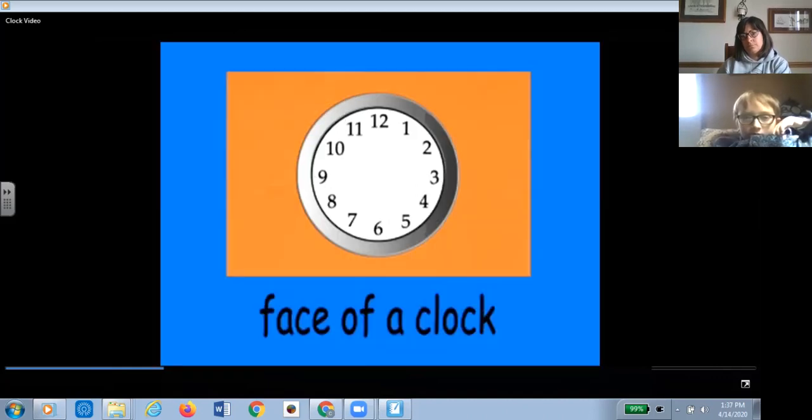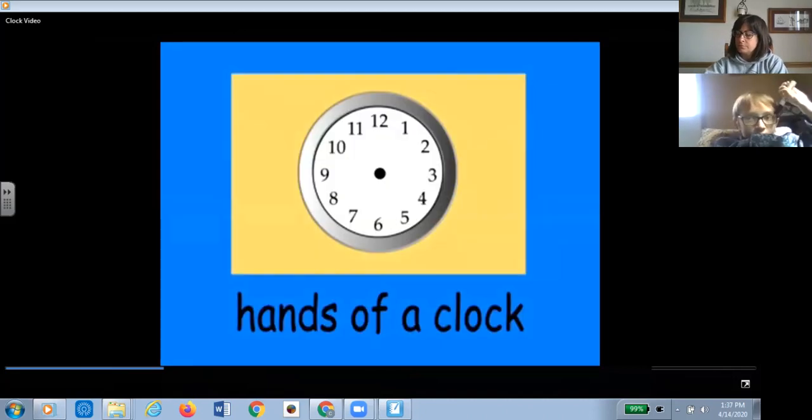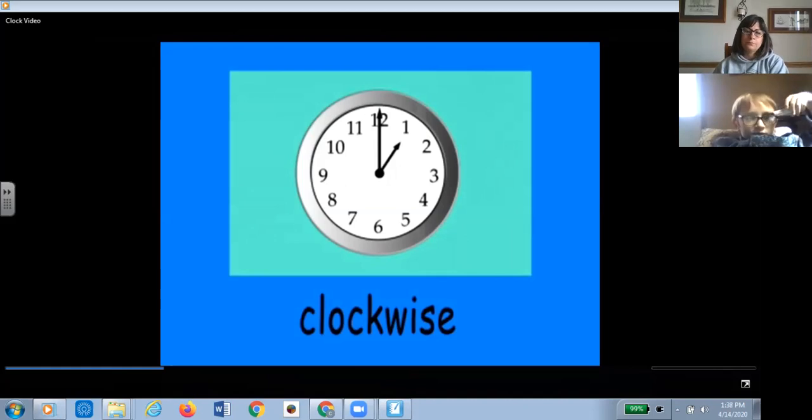This is the face of a clock. The face of a clock has numbers on it. These are the hands of a clock. Clockwise is in this direction.